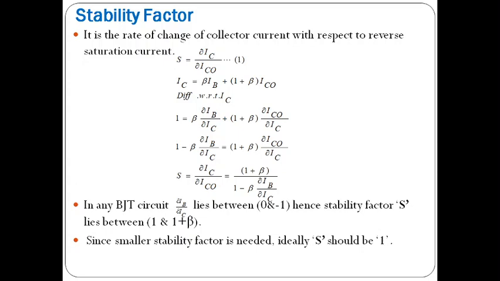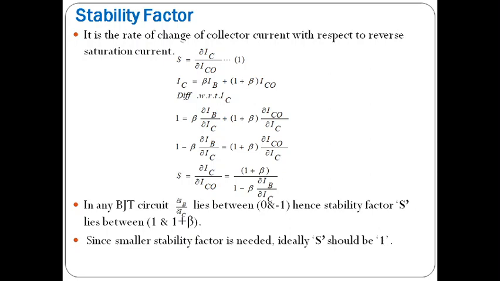When we are differentiating with respect to IC, we need to consider VBE and beta constant. When differentiating with respect to VBE, ICO and beta are constant. When differentiating with respect to beta, ICO and VBE are constant.